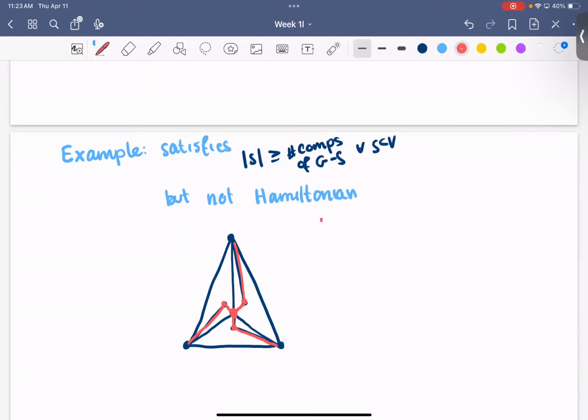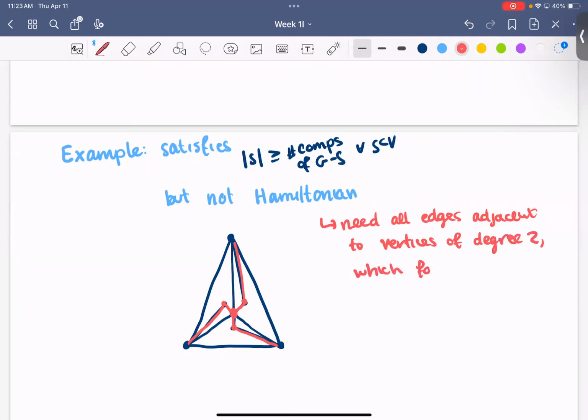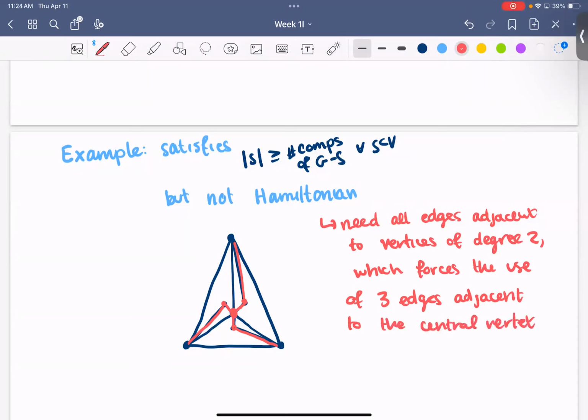So non-Hamiltonian because we would have to use all edges adjacent to vertices of degree 2, which forces the use of 3 edges adjacent to the central vertex, which is a contradiction.